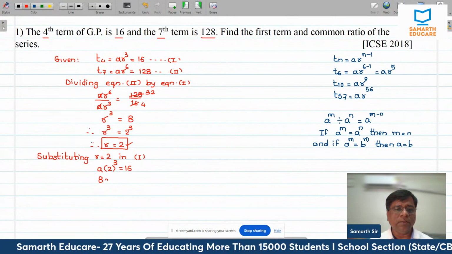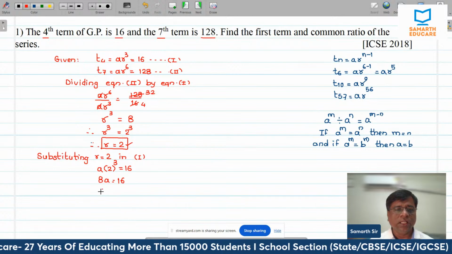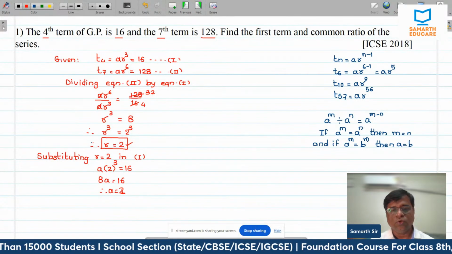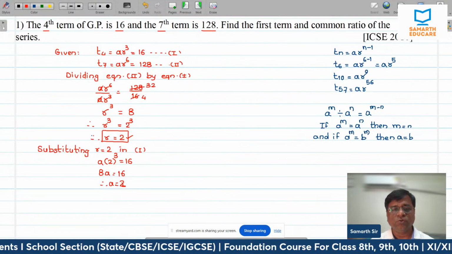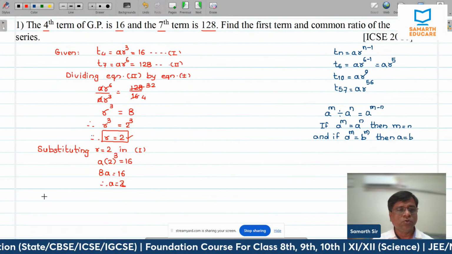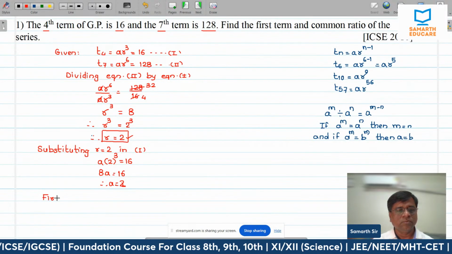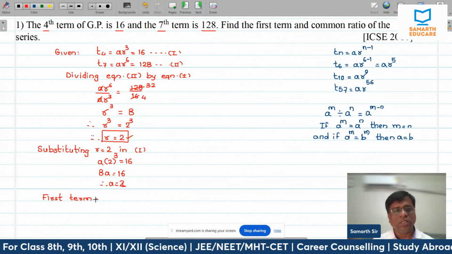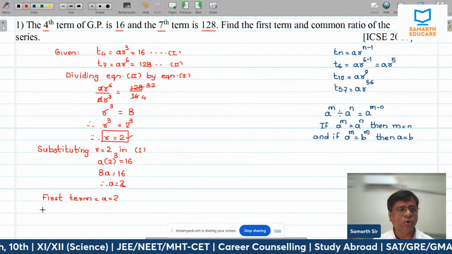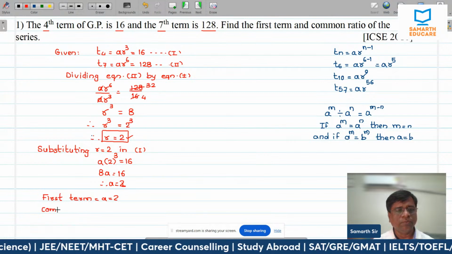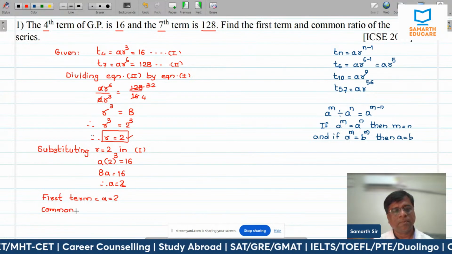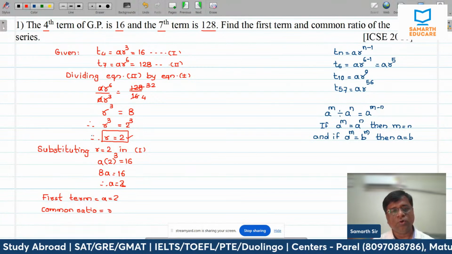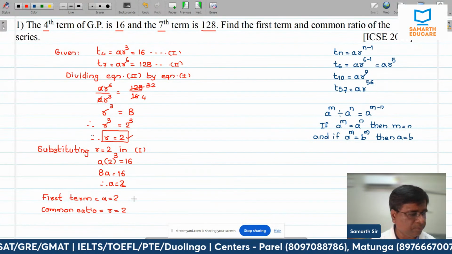So 8a is equal to 16, and that means a is equal to 2. Don't forget to write the answer. The question was to find the first term. So the first term is a is equal to 2, and the common ratio is r, and that is equal to 2.